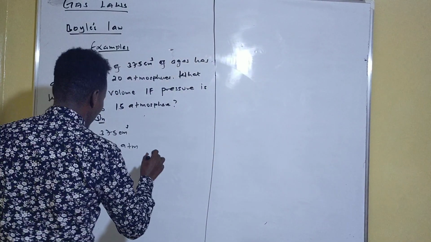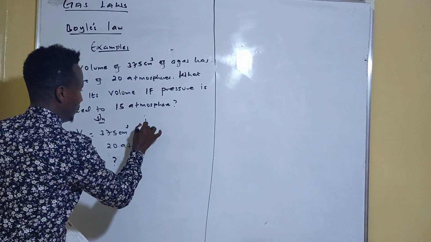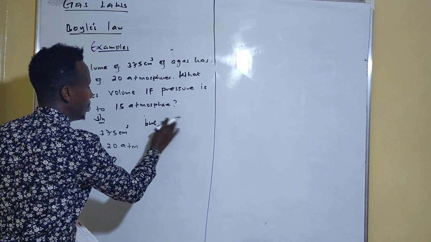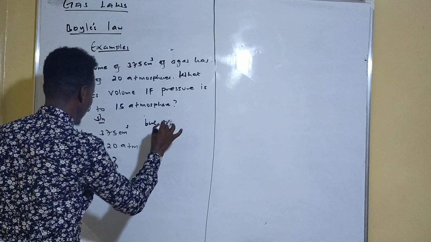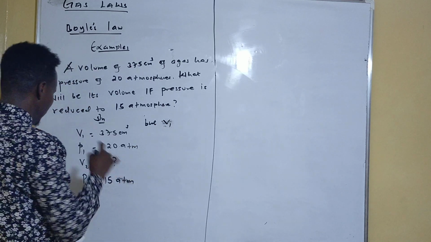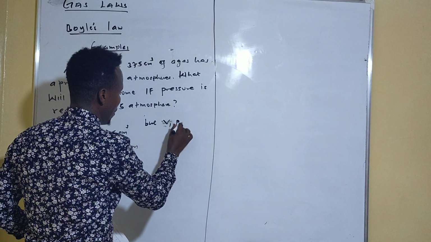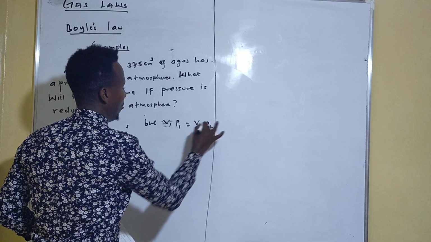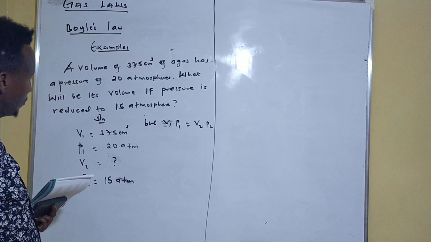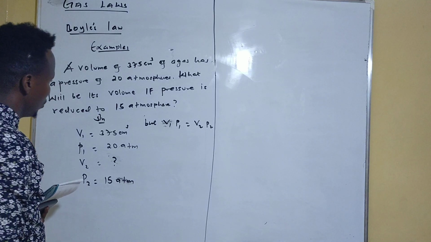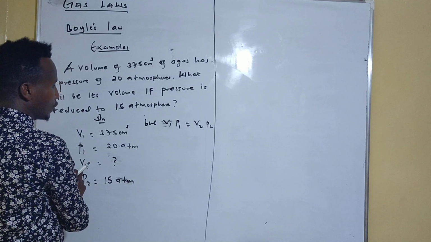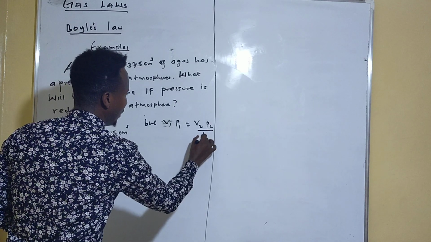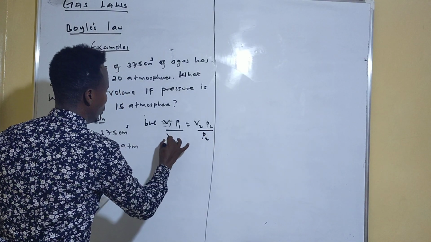So, V1 P1 is equal to V2 P2. We want to make V2 the subject of the formula. To get V2, divide here by P2. Divide also here by P2.